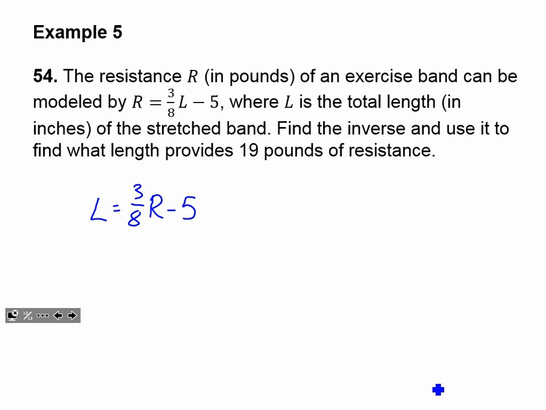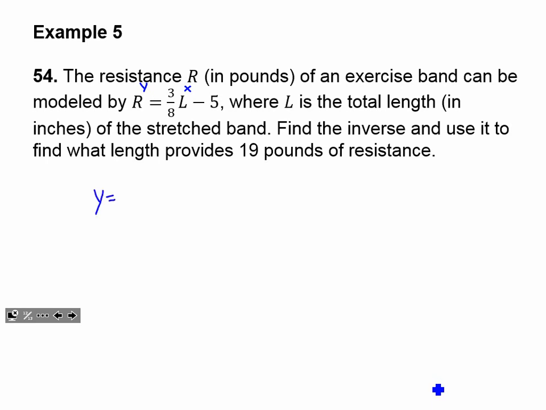Okay, let's solve for R. I'm going to change my variables here. I don't like that. I'm going to call my input the length x and the output the resistance y, just because if I flip R and L around, it's not going to be as clear as if I do it this way.